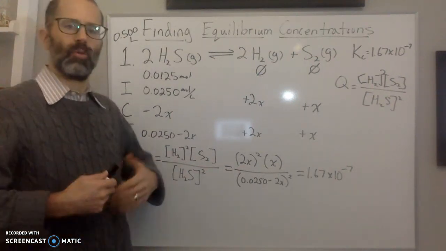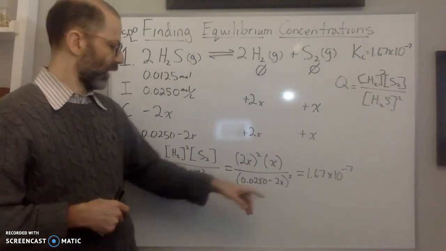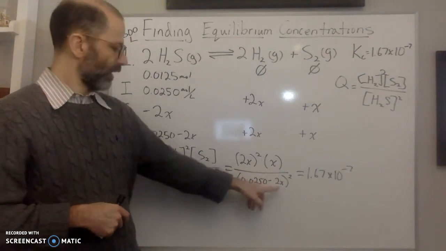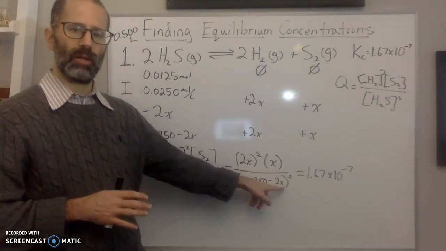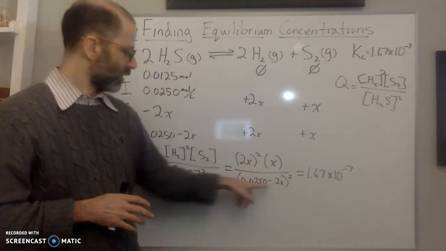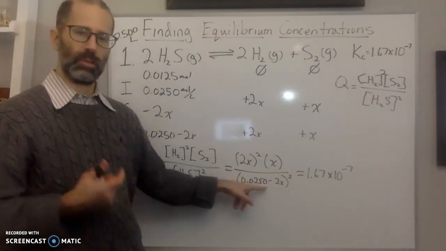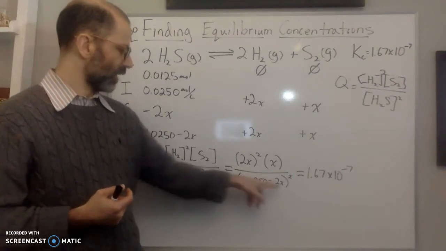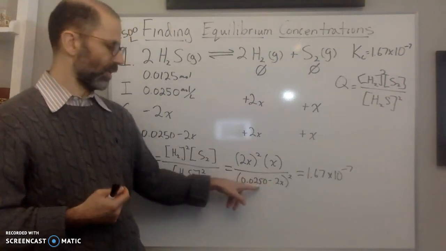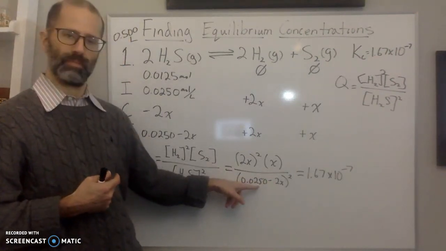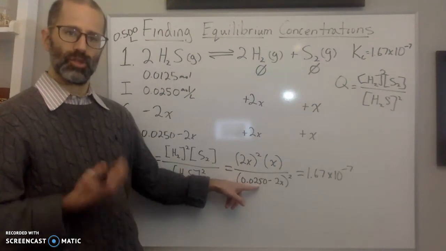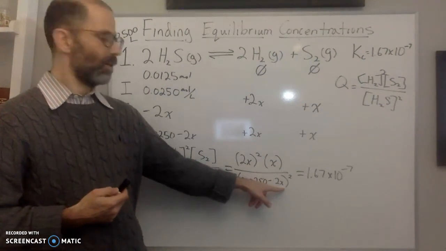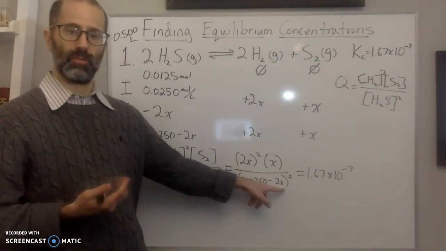We can assume that if x is really, really small, then the difference between these two is going to be negligible. Subtracting 2x from this is not really going to change this very much, assuming that the change is small enough. That's the assumption we might make.